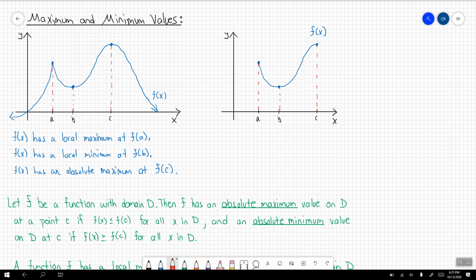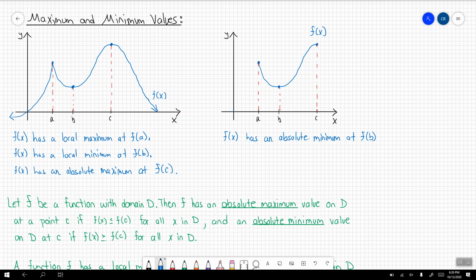So what does this look like then? Well, we're going to see that the function f of x here has an absolute minimum at f of b. Now, why is it absolute this time?